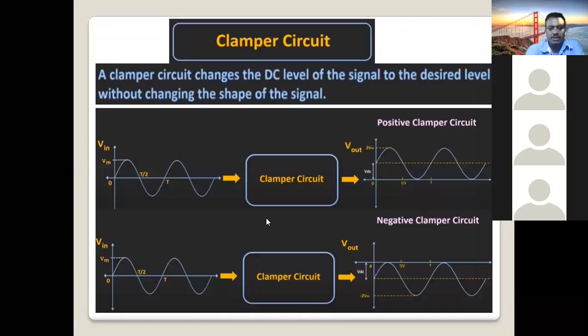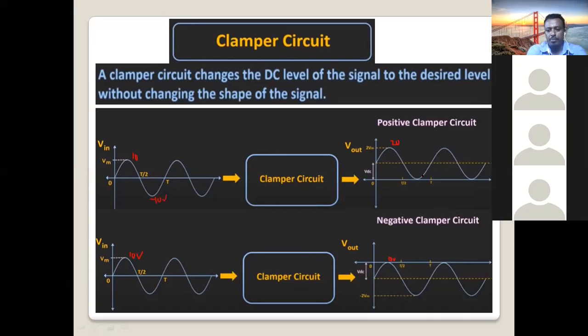So here, as I said, the peak value changes from 10 volts up to 20 volts when you clamp it on the positive side. On the negative clamper, input peak voltage is 10. Now the maximum becomes 0 volts, because the signal is clamped downward. Here, the negative maximum was minus 10 volts, the input.